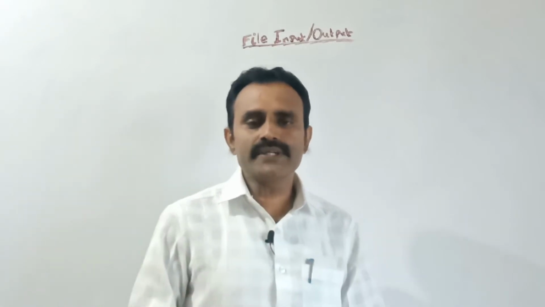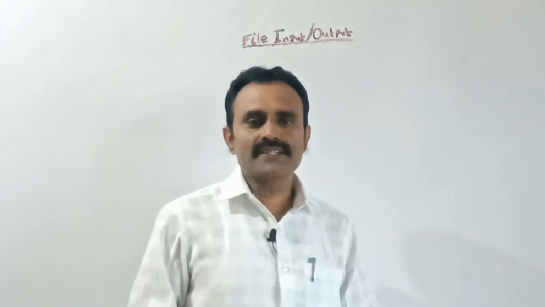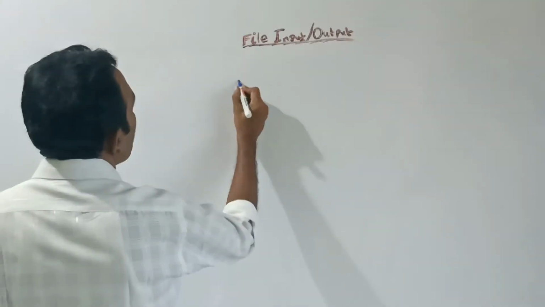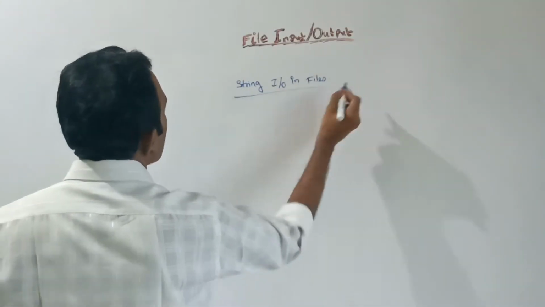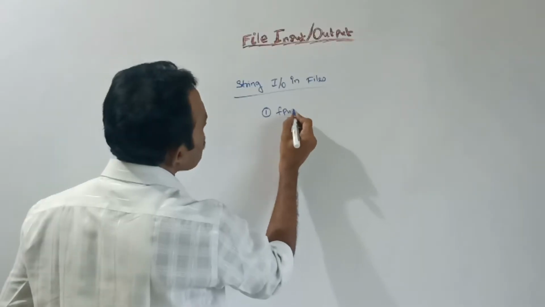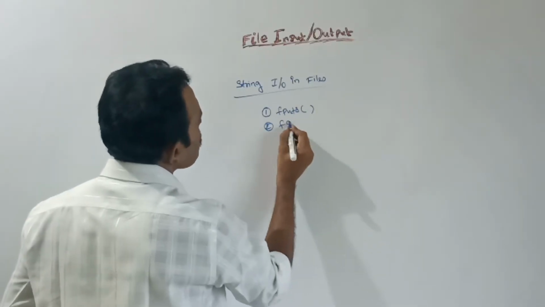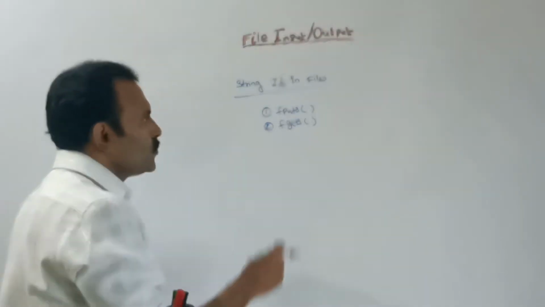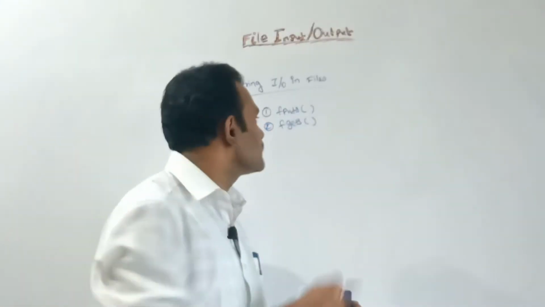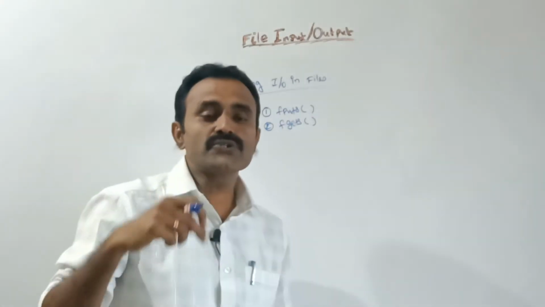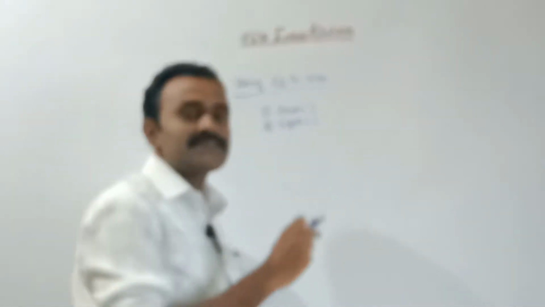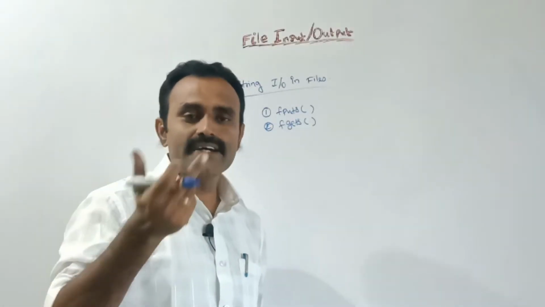See, there were two types of function, the fputs function and the fgets function. The fgets function is used to read a file and the fputs function is used to write a file.